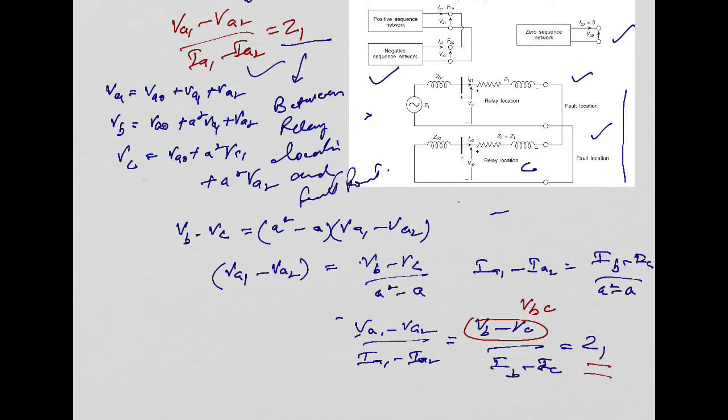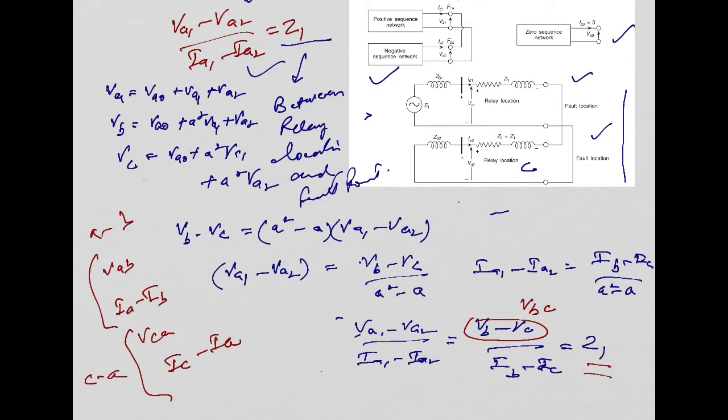Similarly, we shall need two more units with the inputs of VAB and IA minus IB, and then VCA and IC minus IA, to cater for the phase A to B and phase C to A faults.